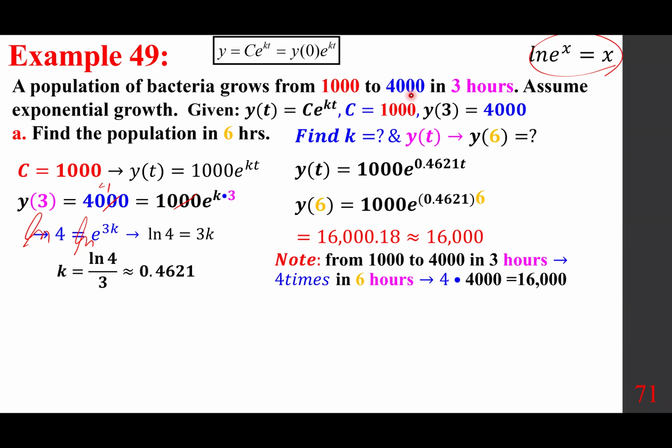Now, that's perfect. Another way of approaching this is as follows. K is ln4 over 3. Don't change it to a decimal. Keep it as an exact answer and put it here. So take a look at this one. 1,000 e to the power of kt. Keep the k as ln4 over 3, the exact answer, everybody.